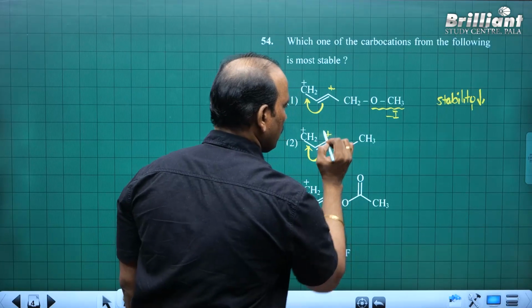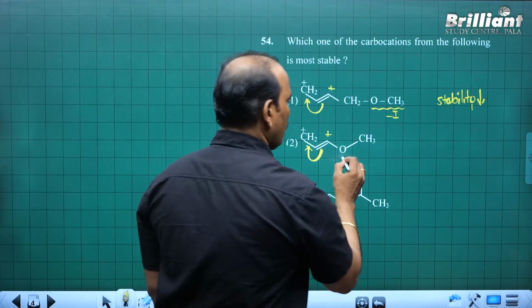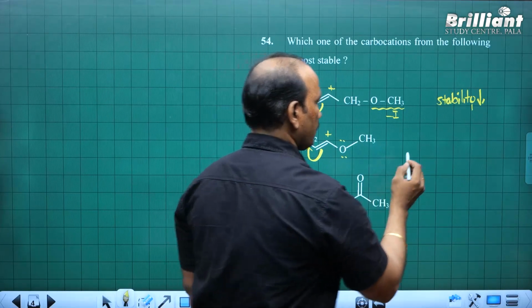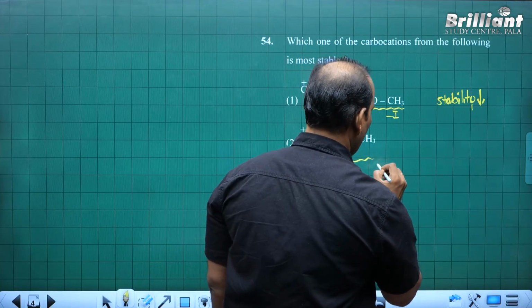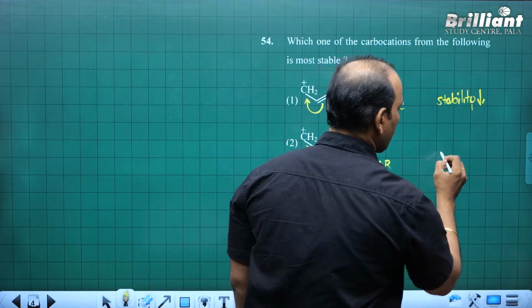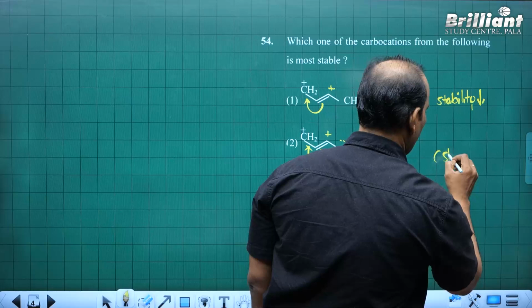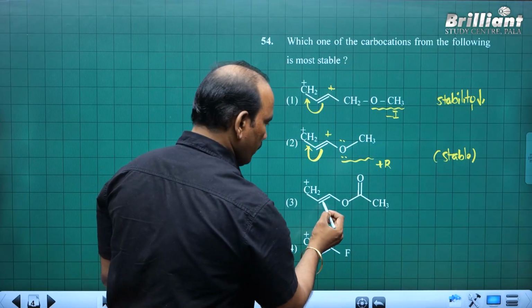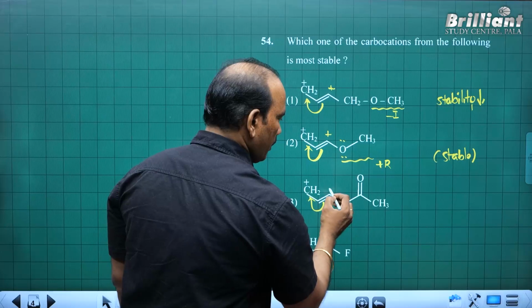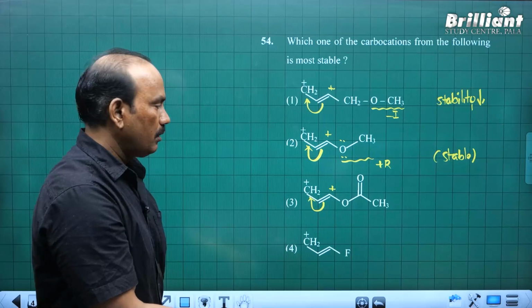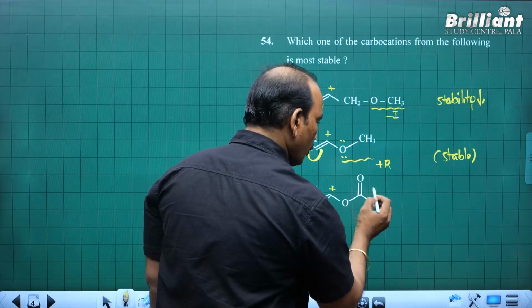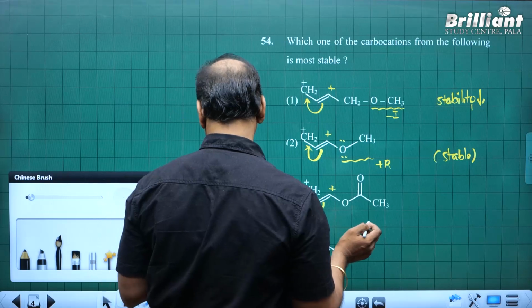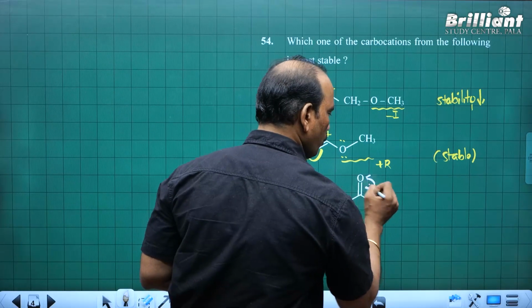Okay. Now here you go into this one. Here you get a carbocation. Now this is plus R effect. This is plus R. Extremely stable. Now here you go into there, then we get this one. Now there is already a carbonyl group, which is a deactivating group, pulling toward this side.